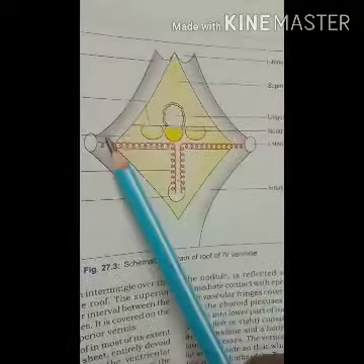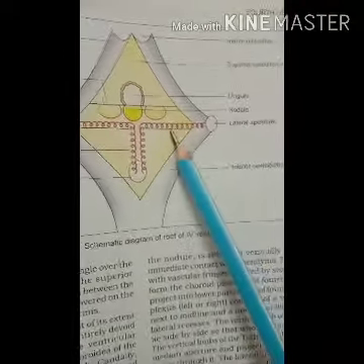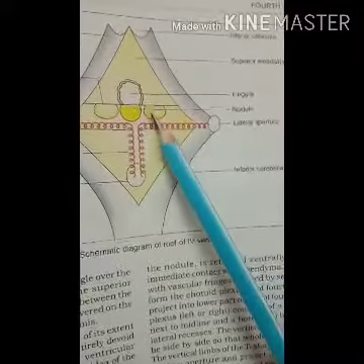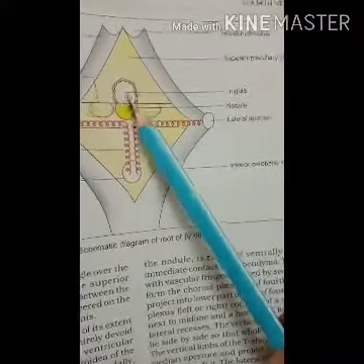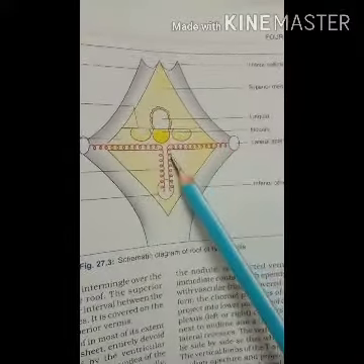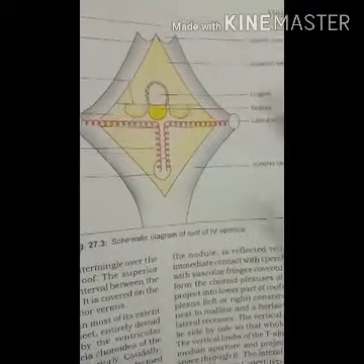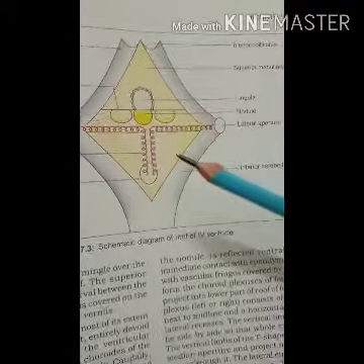Here in this diagram you can see this red colored part is called the ventricular ependyma, and the pia mater of the tela choroidea of the fourth ventricle.